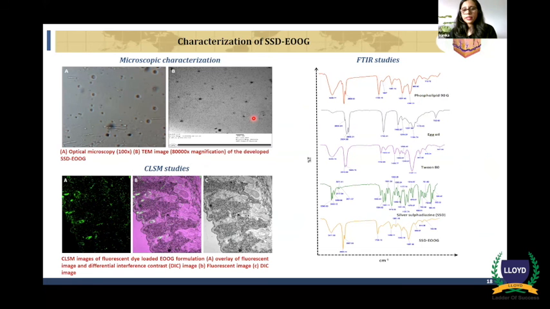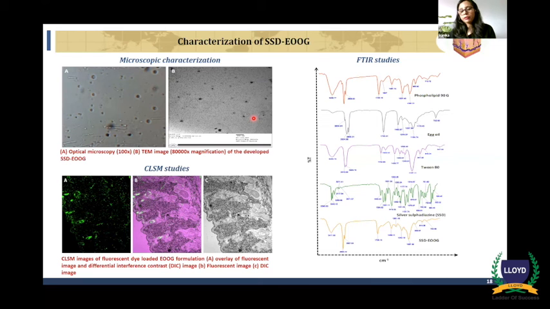Now, these formulations were characterized by microscopy, in this case optical microscopy, and the TEM image method was used in order to see the micelles as well as the uniformity which they have. Again, as I discussed previously, CLSM studies were done.